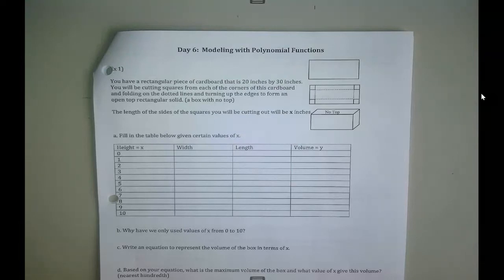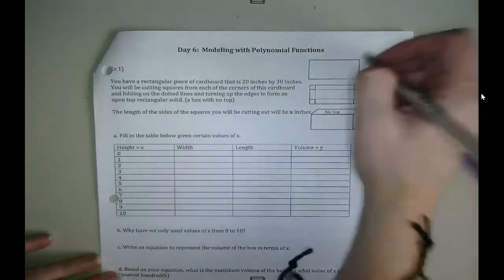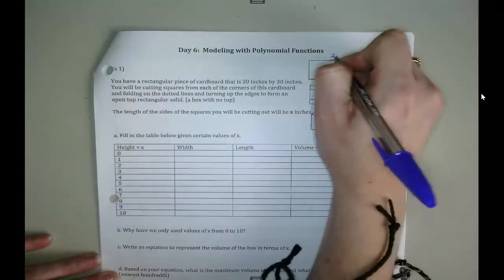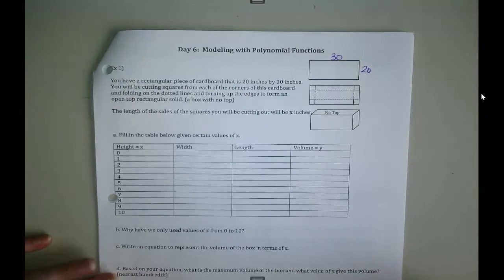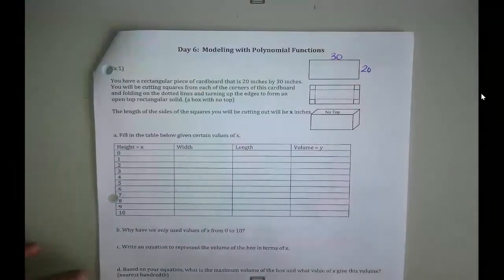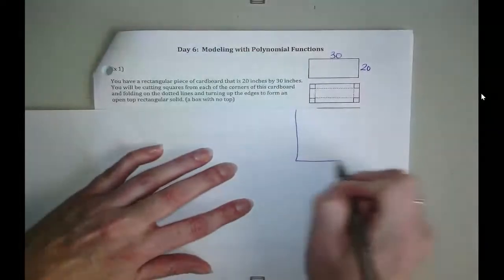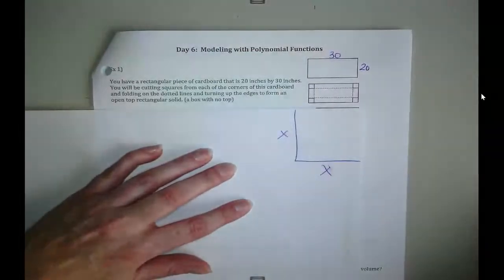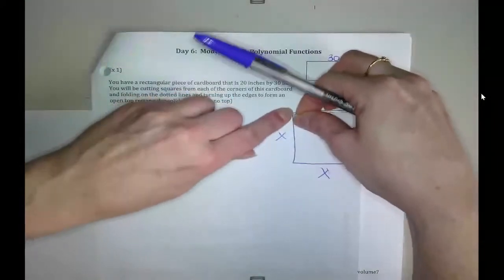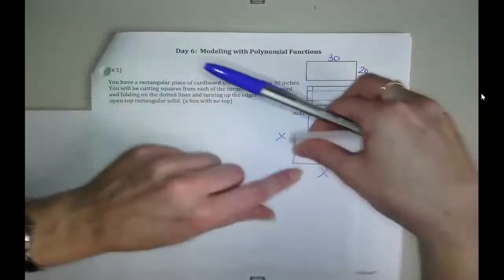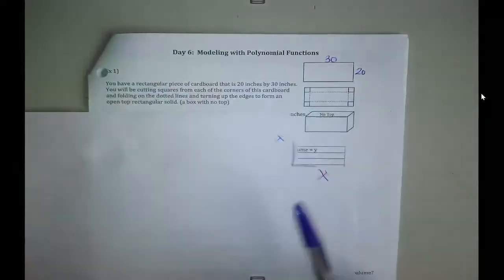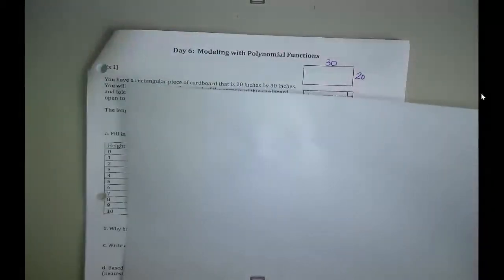So let's say you start off with a rectangular piece of cardboard that is 20 inches by 30 inches. And what we're going to do is cut squares from each corner. So if I have this random sheet of paper, I'm basically going to remove a square of X from each side, on all four corners.